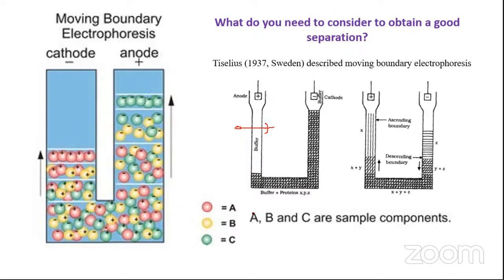Can you get A separated from B, B separated from C, so that all three are separate from each other? Can you get that? Yes or no? I just want your answer. What do you think? What's your take?